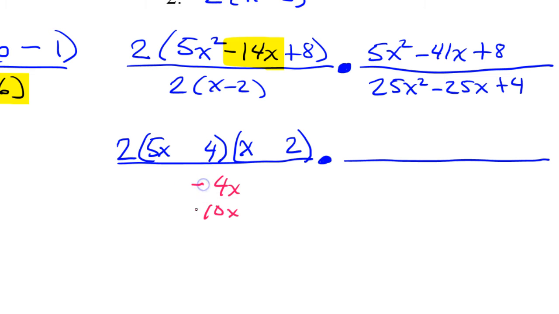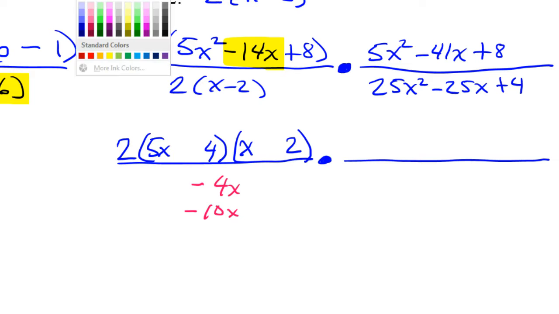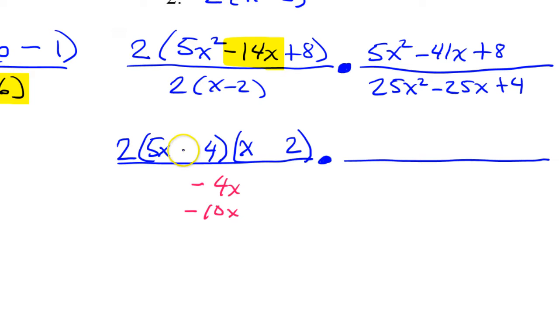If I make both of these negative, that will make negative 14. A negative times a negative is a positive, for the positive 8. So this is now good.